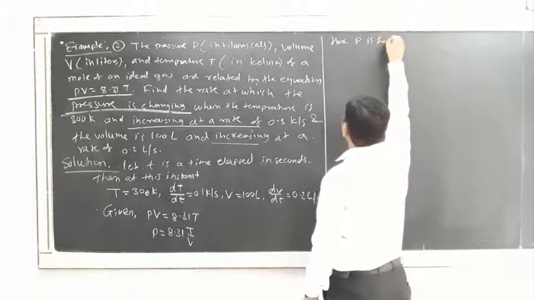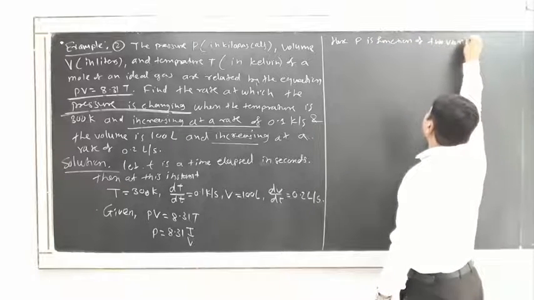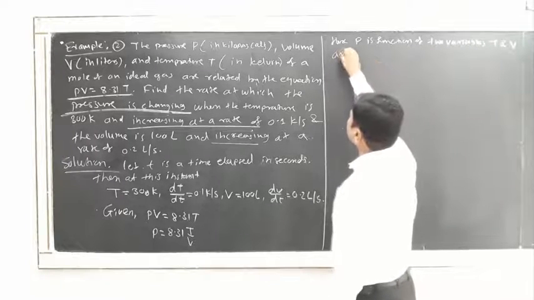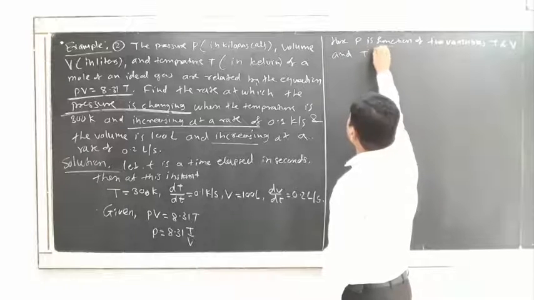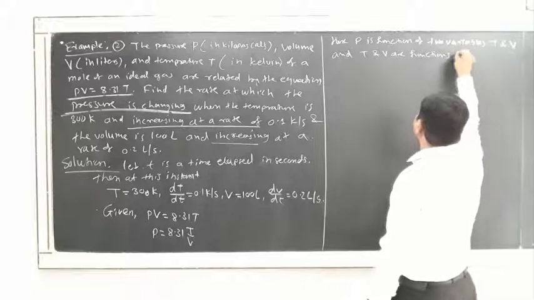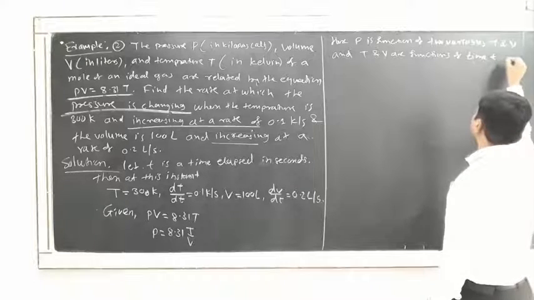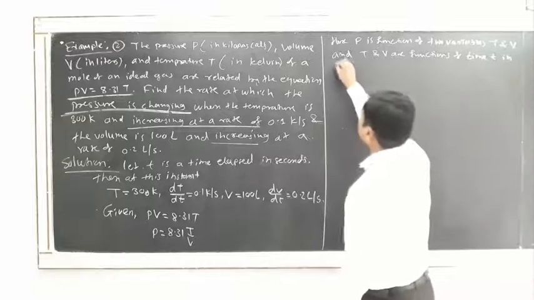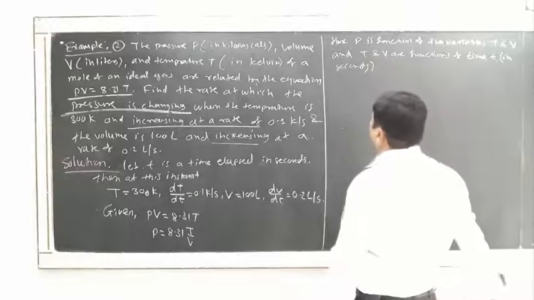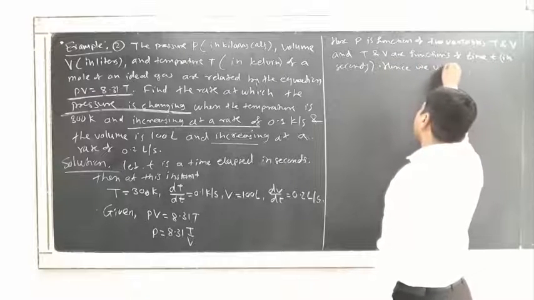P is a function of two variables T and V, and T and V are functions of time t in seconds. Hence we use the chain rule.